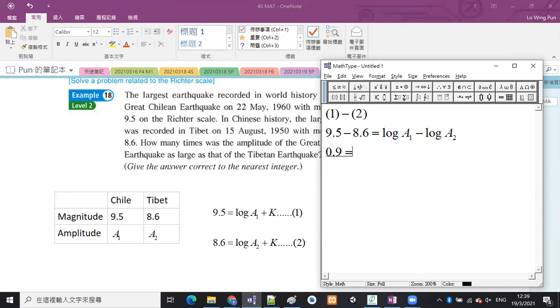And for the right-hand side, it is in the format of log m minus log n.